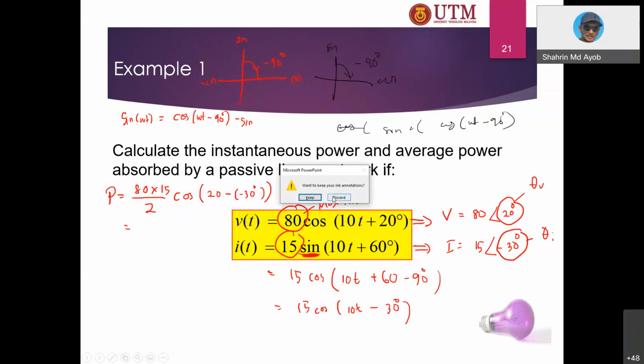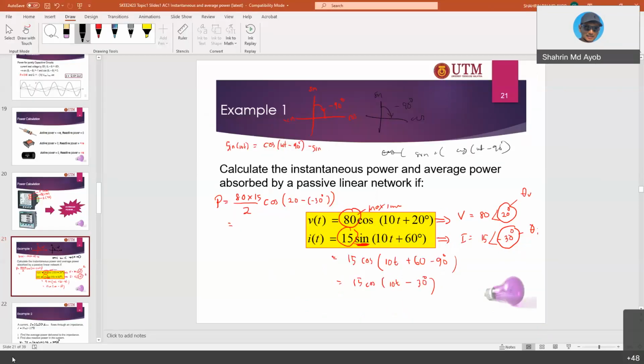Okay. I need to discard or to keep. Okay, hold on. Can someone calculate for me?